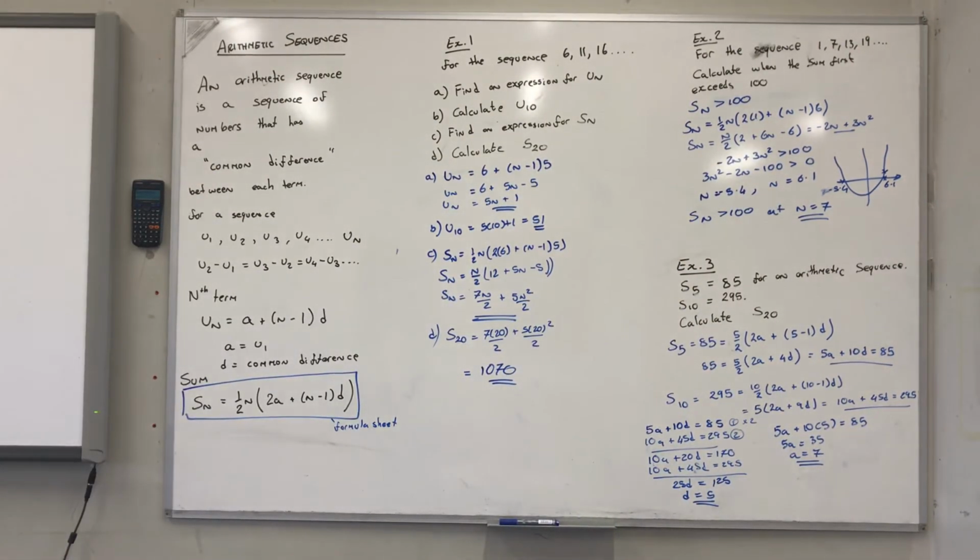So I've now worked out what a and d are for the sequence, even though I don't know any of the terms. The common difference is 5, the first term is 7. And now what I could do is work out all of the individual terms. What's the point when I can just sub in those values for S20?